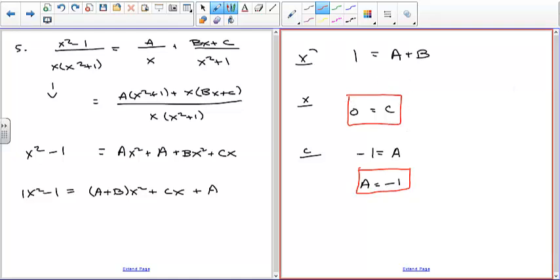And then you can substitute this in here. So you get 1 is equal to negative 1 plus b, using this known value of a now. So you get b is equal to 2. So that's the third thing.